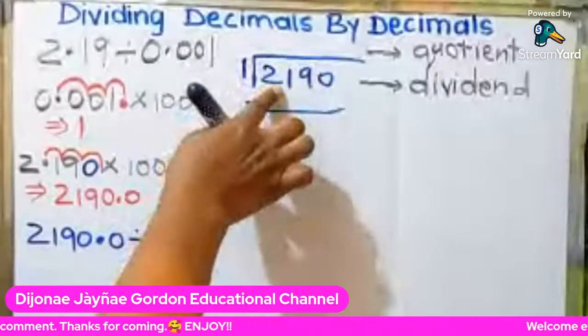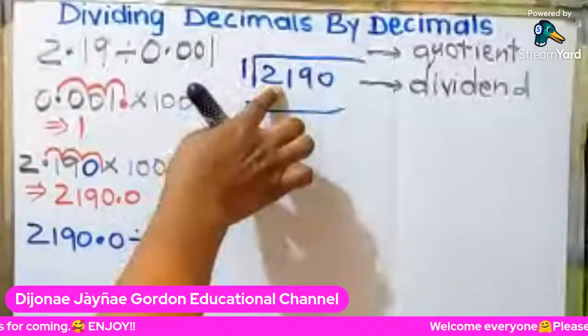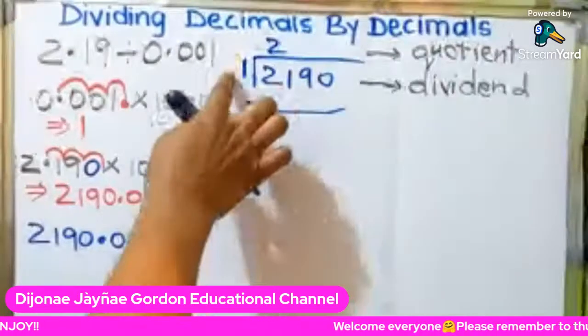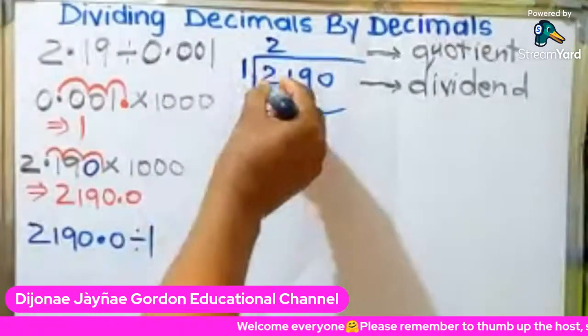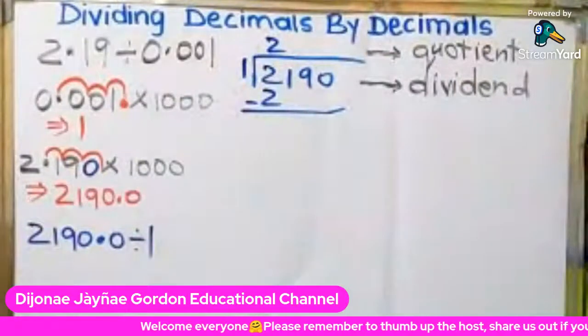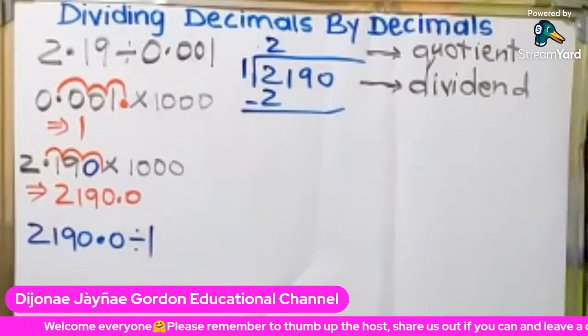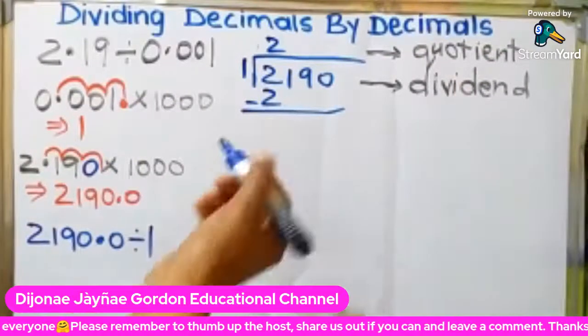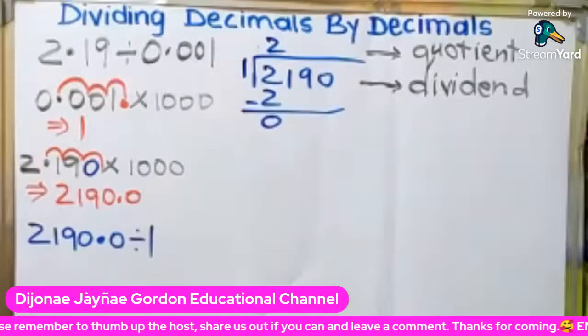And of course, we can get 2 groups. So 2 multiplied by 1, you have 2. So let's go right ahead and work this problem. You have 0 left right there.